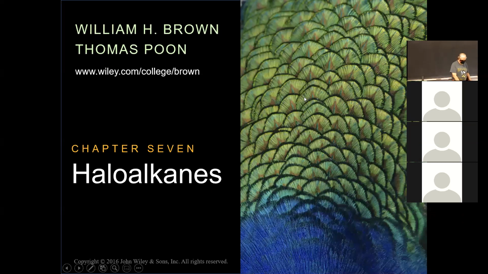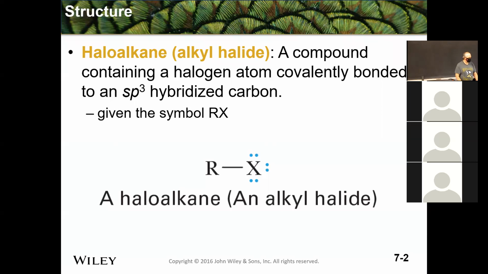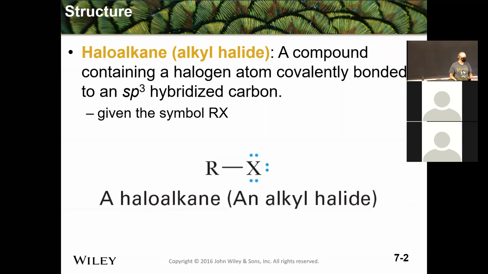Okay, haloalkanes. Haloalkanes are also called alkyl halides, and they're characterized as compounds containing a halogen atom covalently bonded to a sp3 or tetrahedral carbon.